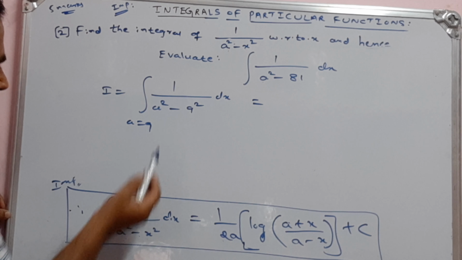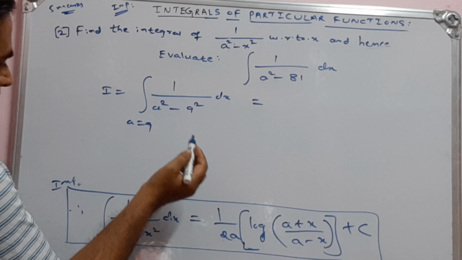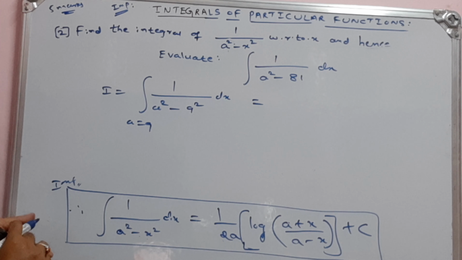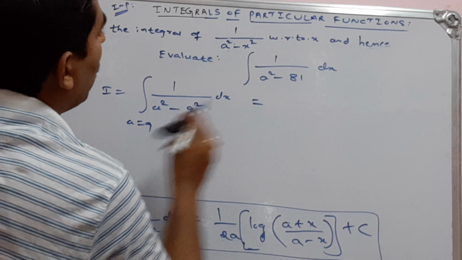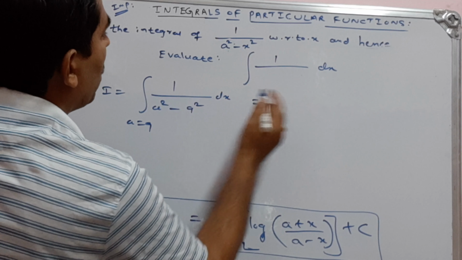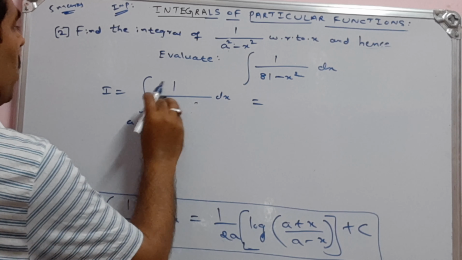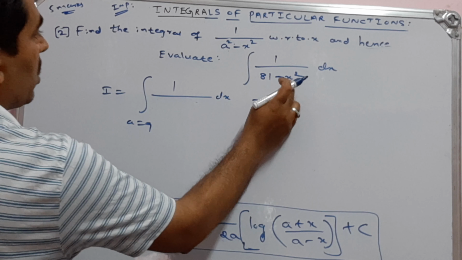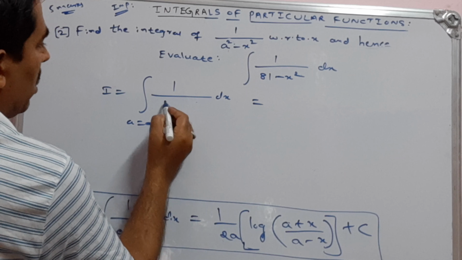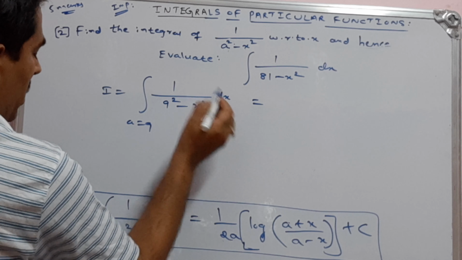Make use of this a square minus x square. Let me change this question, so this will be 81 minus x square. Because a is constant, I can write that as 9 square minus x square.